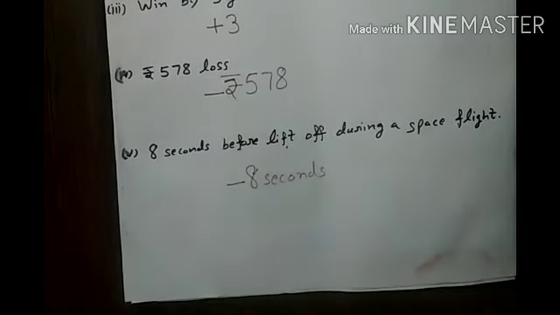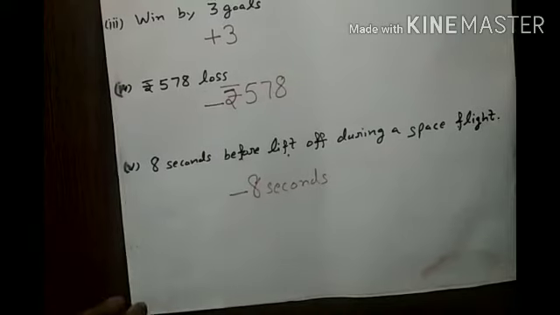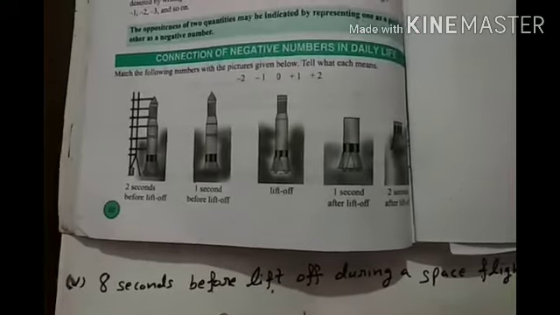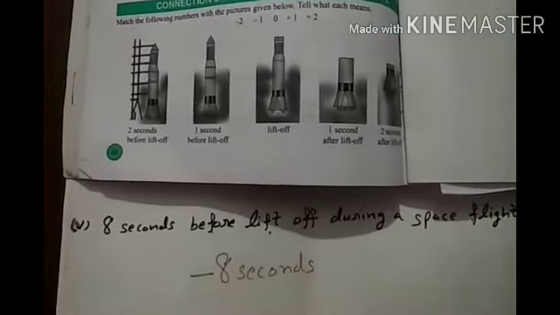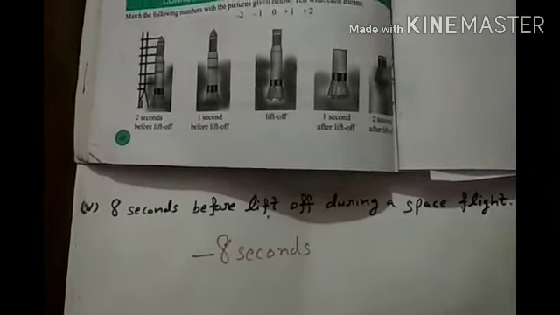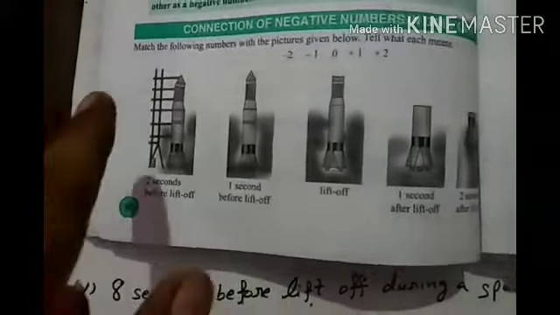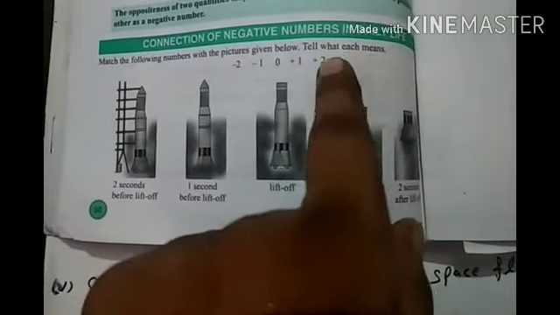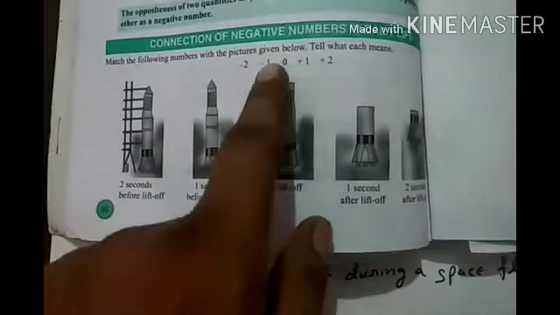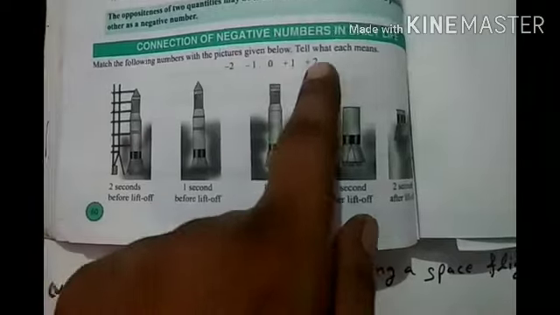To support this statement, I will show you an example in a printed book. Here you will see the picture where a similar situation is being given to you. Here we have to match the following numbers with the picture given below. Tell what each means: -2, -1, 0, +1 and +2.